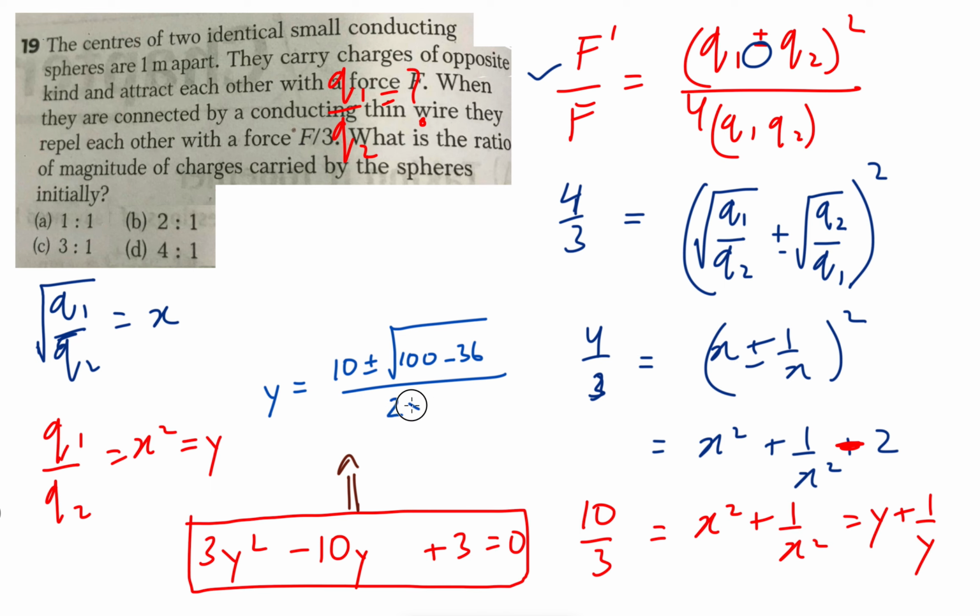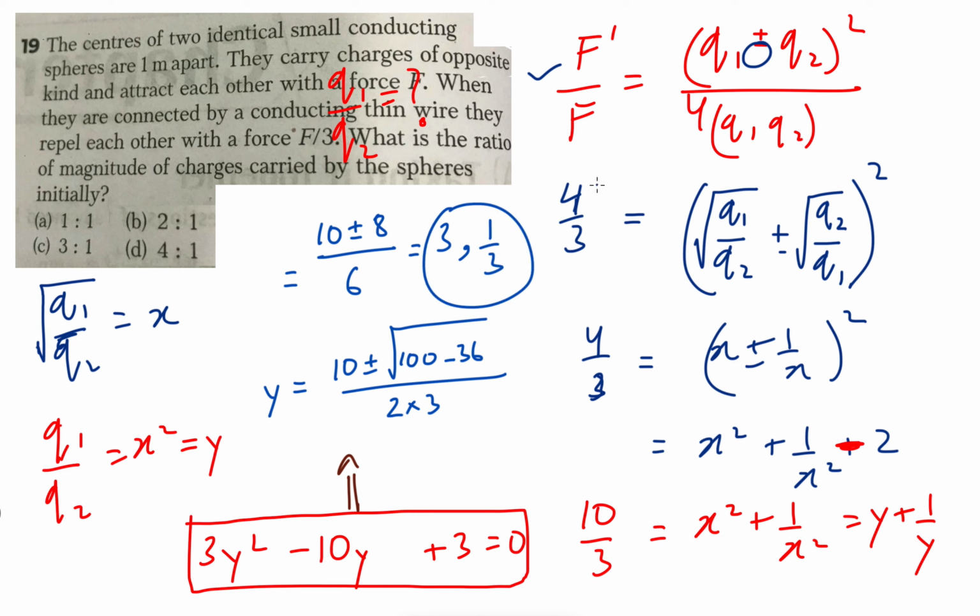So 2 into 3. 100 minus 36 is 64, under root of that is 8. So you have 10 plus minus 8 divided by 6. So 10 plus 8 is 18 by 6 is 3, and 10 minus 8, which is 2, divided by 6 is 1 by 3.